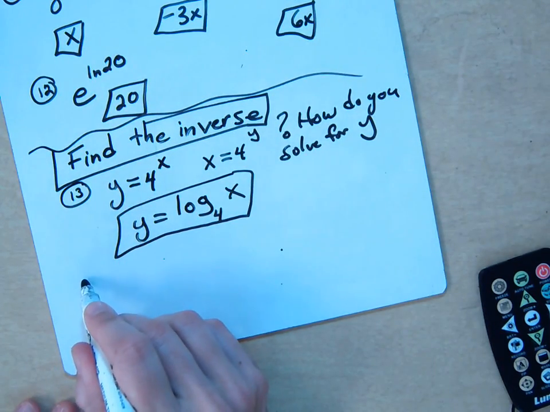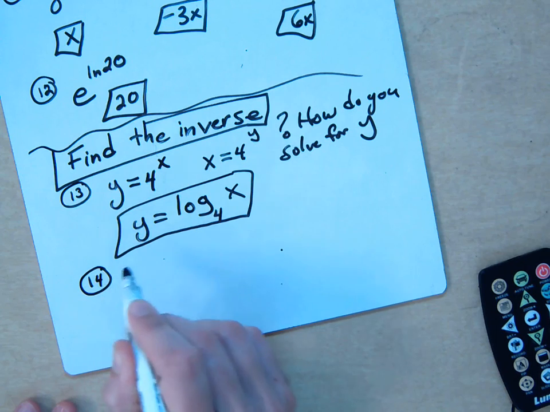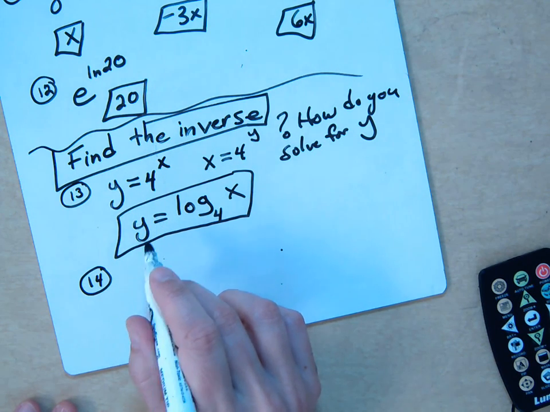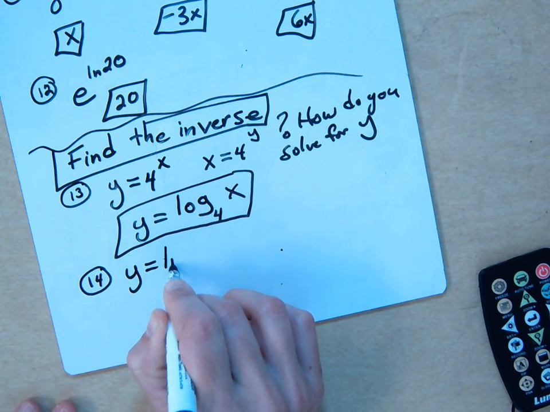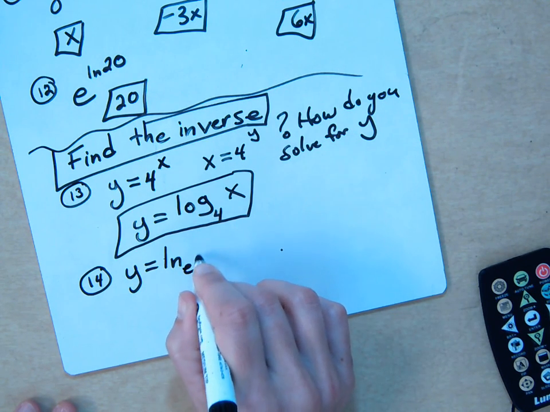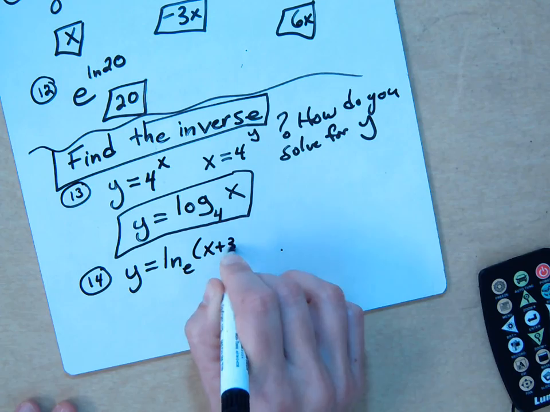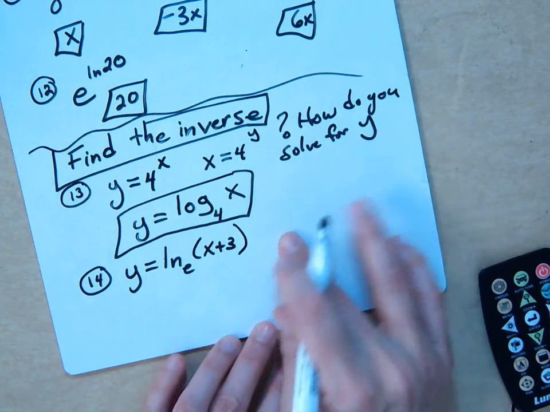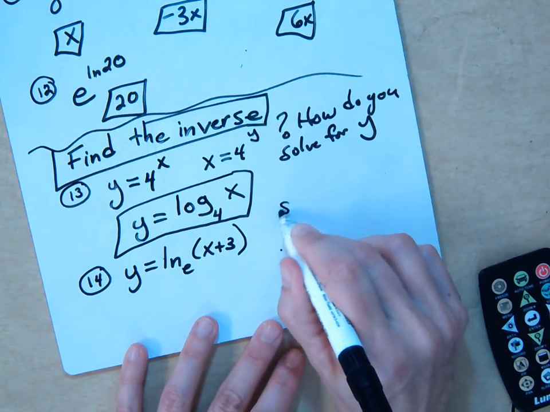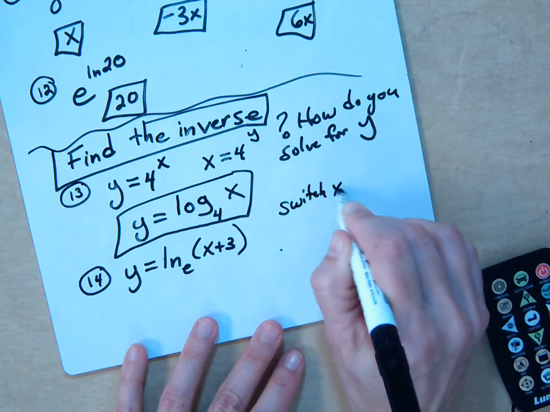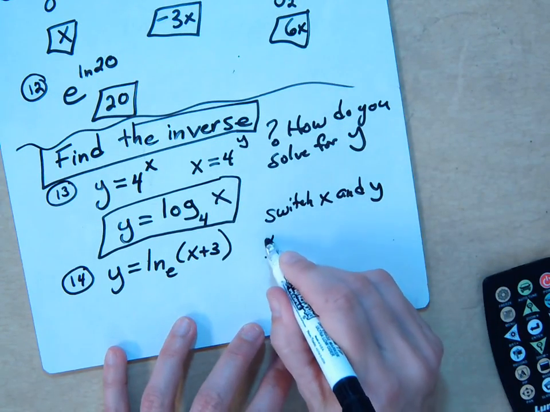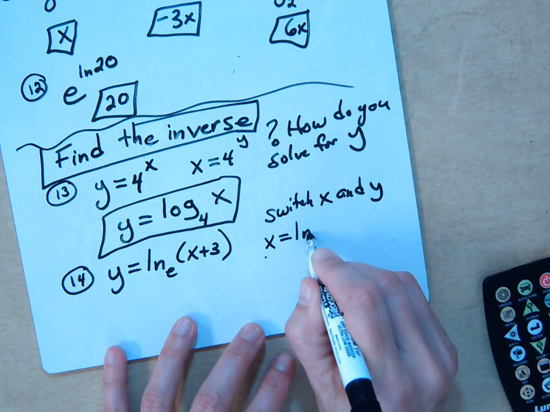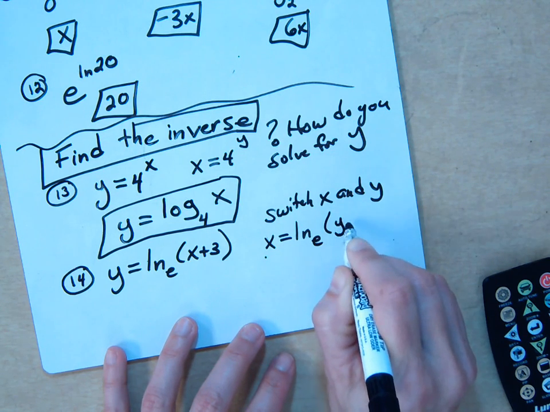Let's look at another example. Let's say you have y equals natural log base e of x plus 3, and I want to find the inverse. We're just going to switch x and y. So we get x equals natural log base e of y plus 3.